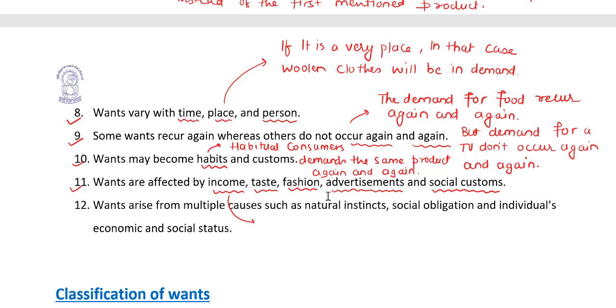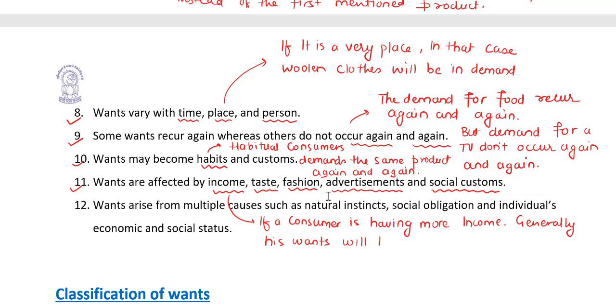So we can say that if a consumer is having more income, generally his wants will be more as compared to a poor consumer.